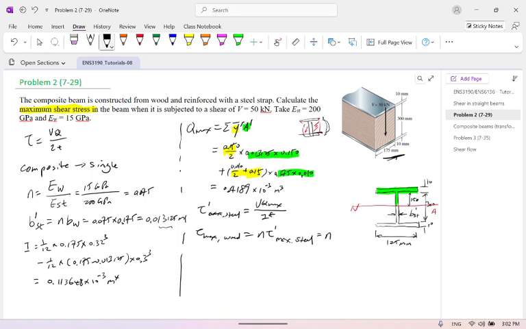So that means equal to NVQ max over IT. So we can put the number in.